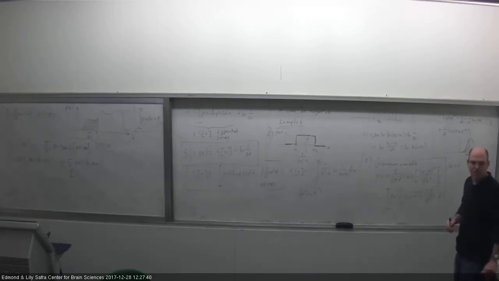The only thing that could matter is the standard deviation. So when delta x is small compared to the standard deviation, that means that we're binning finely enough.